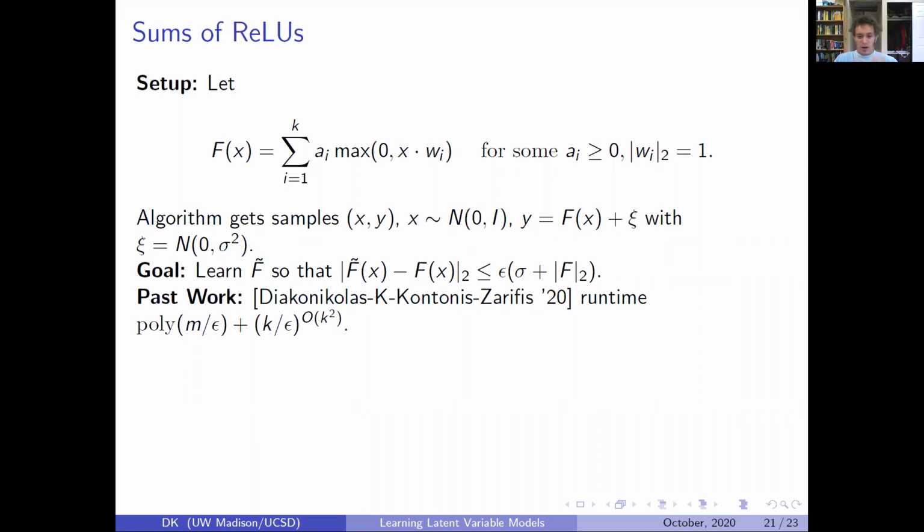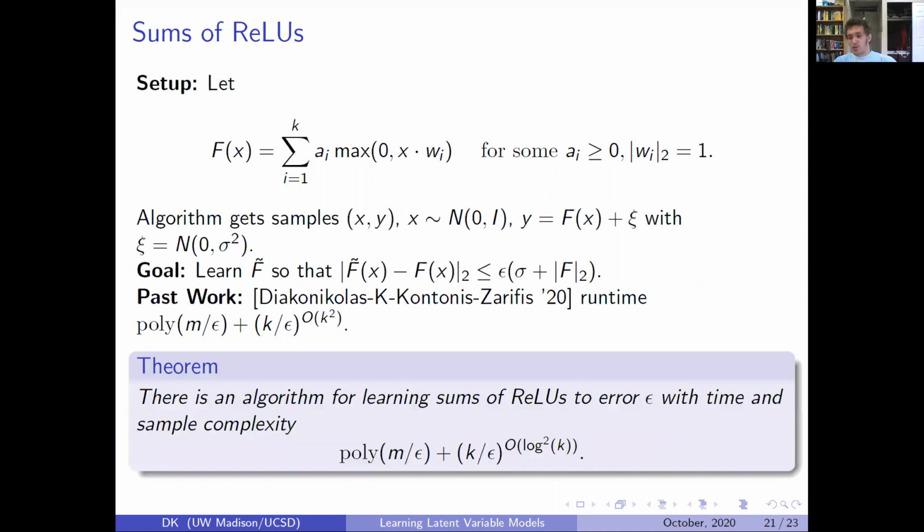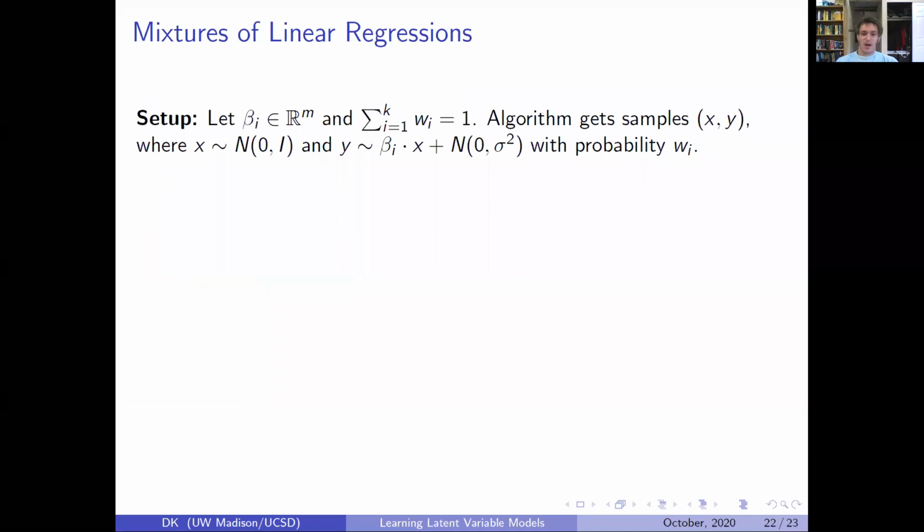A result from last year basically showed that the dimension reduction technique works, so you can get poly m over epsilon plus something exponential in k. But this cover technique handles it very straightforwardly, and we get a runtime that is poly m over epsilon plus quasi-polynomial in k.